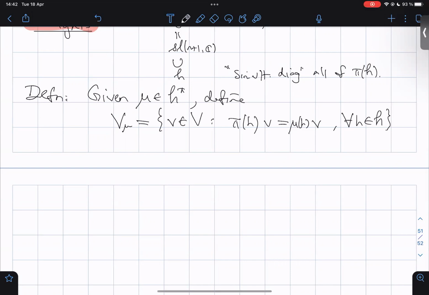And here we're doing an arbitrary choice of element H from the Cartan subalgebra. We know this makes sense because of this simultaneous diagonalization idea. And so if V mu is non-zero, then mu is a weight.